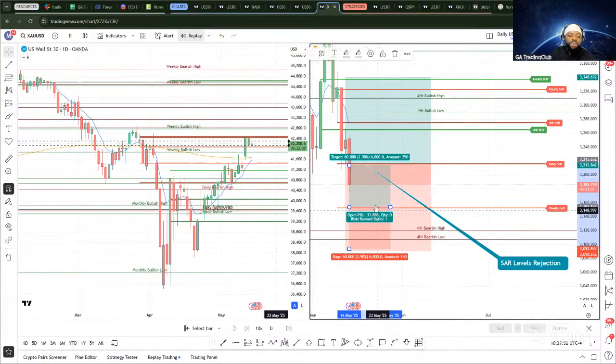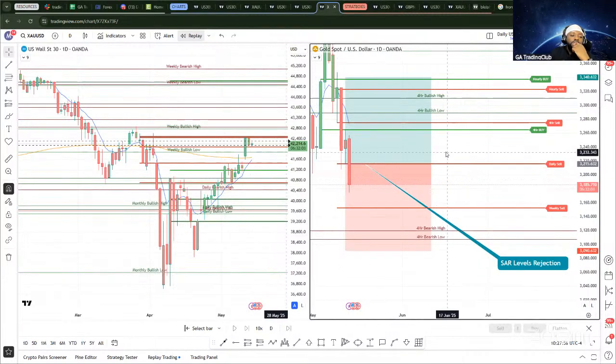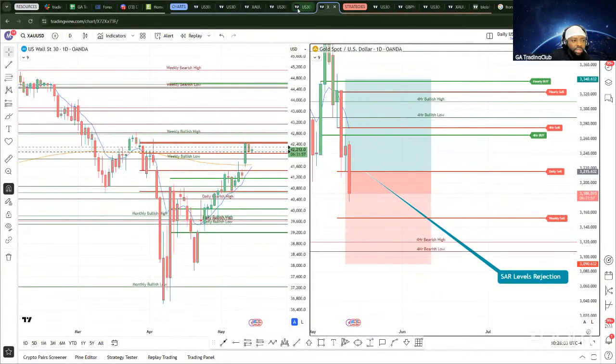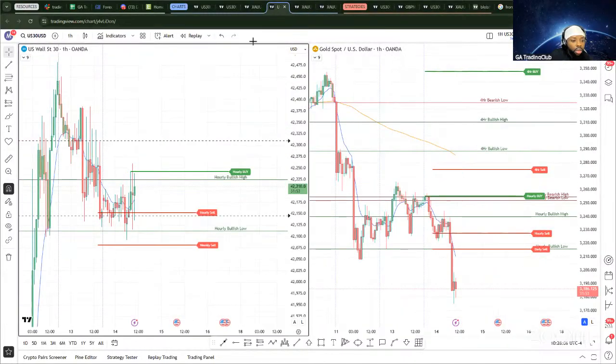So even for this particular trade, it's not the best setup. But yes, this trade would unfortunately be currently in drawdown. And again, I haven't traded this SAR levels rejection in a minute.